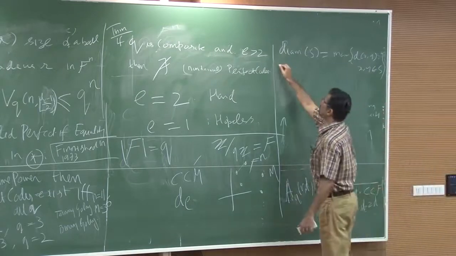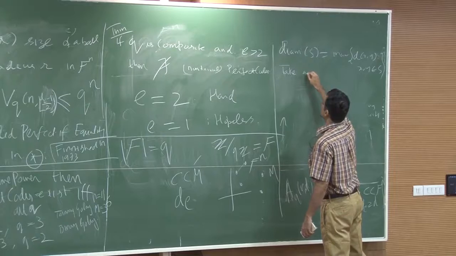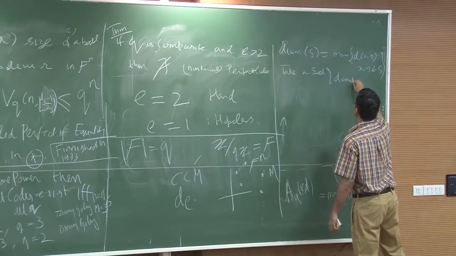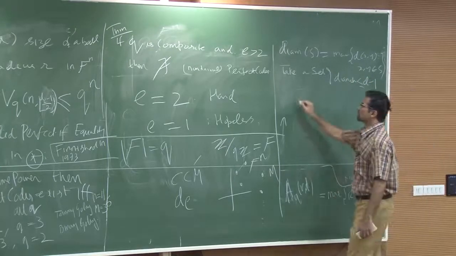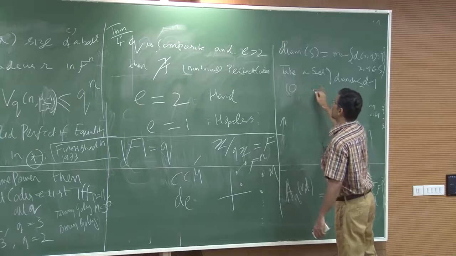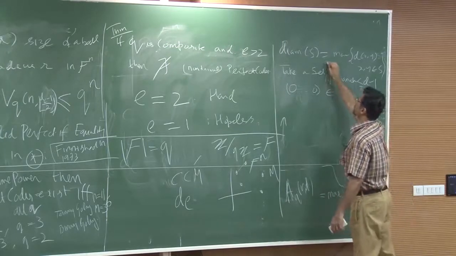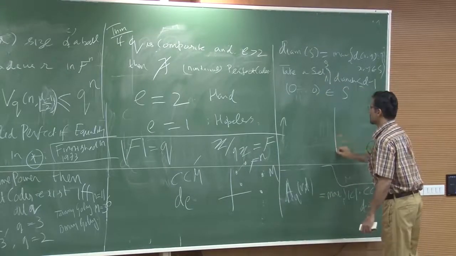So take a set of diameter at most d minus 1, and make sure that the all 0 word belongs to S. Okay, and then what you do is you translate this.